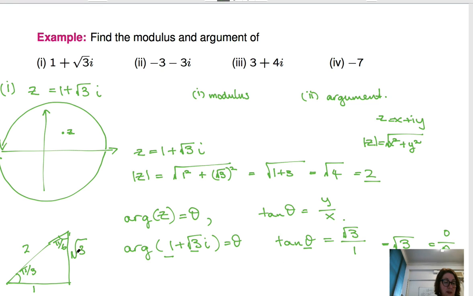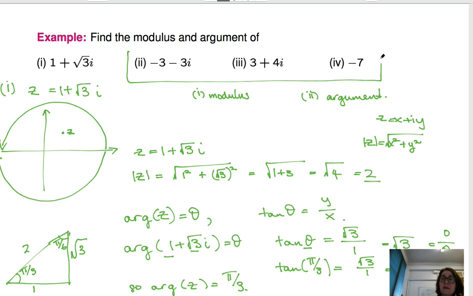So the opposite, root 3, is opposite pi on 3, 1 is adjacent to pi on 3, so this means that theta is going to be pi on 3. So tan pi on 3 is equal to root 3 over 1, which is just root 3. So that means our angle theta is pi on 3. Okay, so that's how you find the modulus and argument of a complex number.